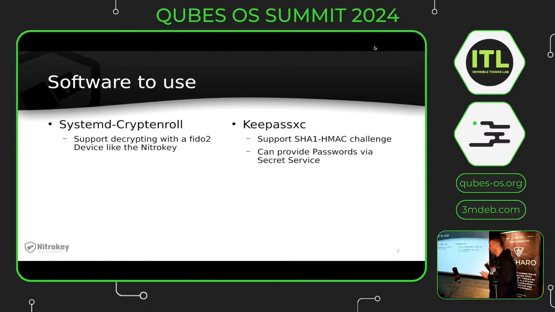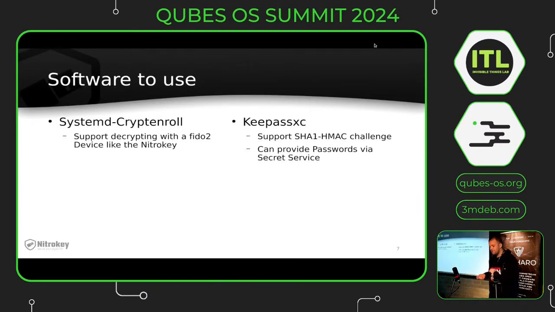And I also looked into KeePassXC, and I will use KeePassXC for the demonstration, because I really like the split SSH setups we have in Qubes, and at some point we got to the point where, oh yeah, I can actually do this also with decrypting Qubes.